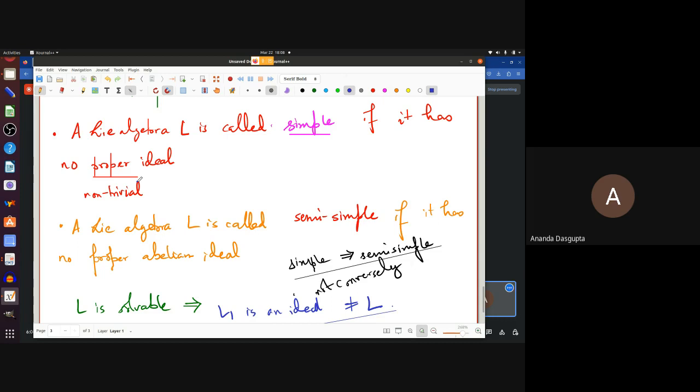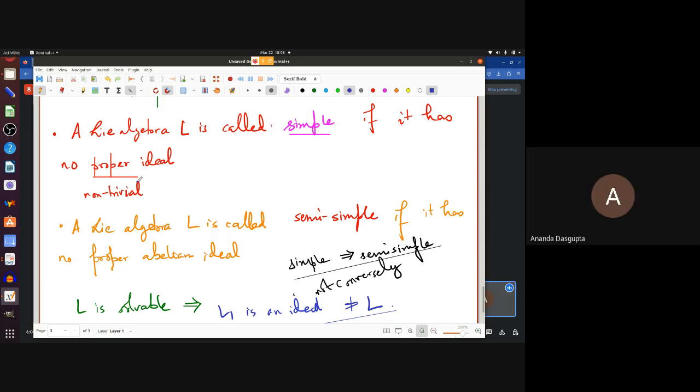But what are the two possible trivial ideals a vector space can have or a Lie algebra can have? So when is L1 trivial? L1 is 0 when L is abelian.